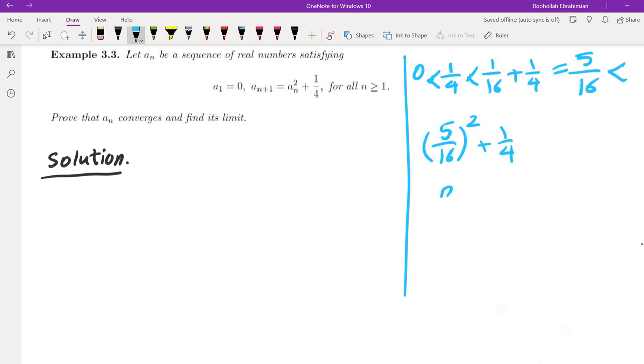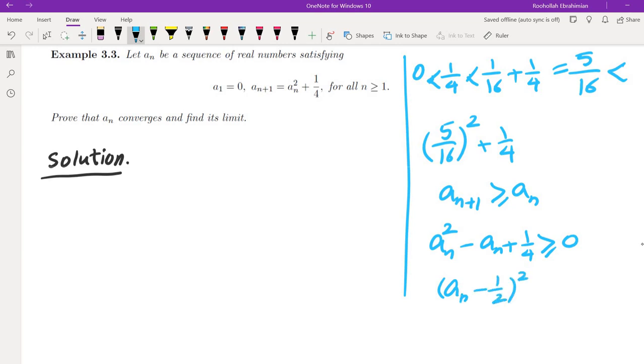We would like to show a_{n+1} is greater than or equal to a_n. Let's rewrite that and see what we get. Okay, so this is actually quite familiar. This is a perfect square. This is a_n minus a half, squared. So this is clearly true because of the trivial inequality.